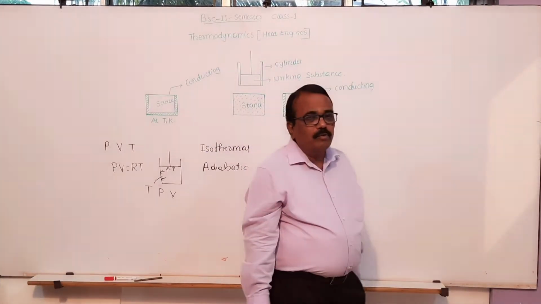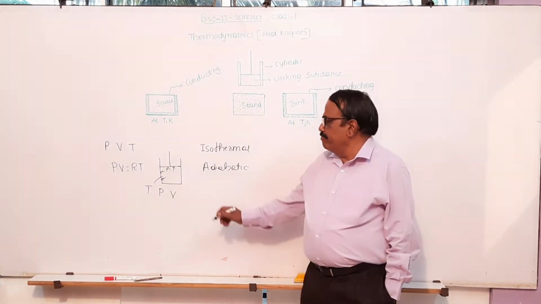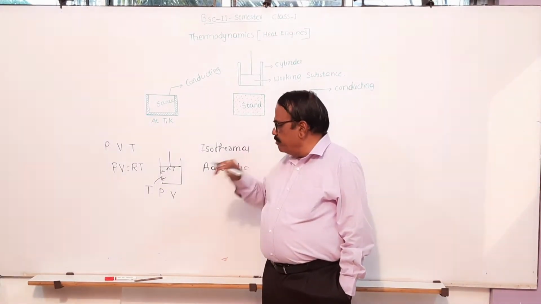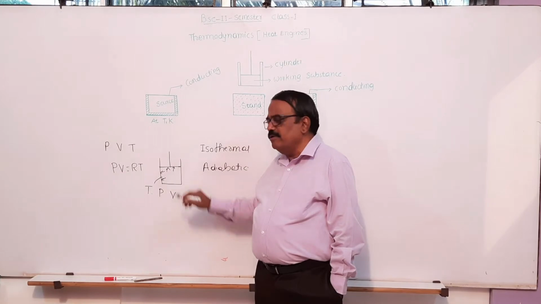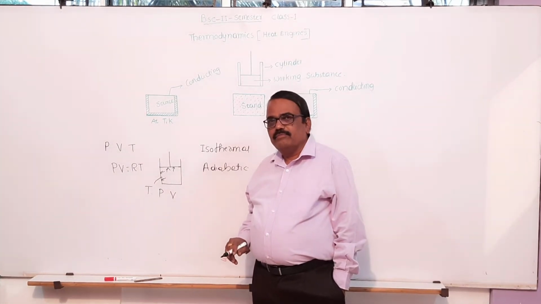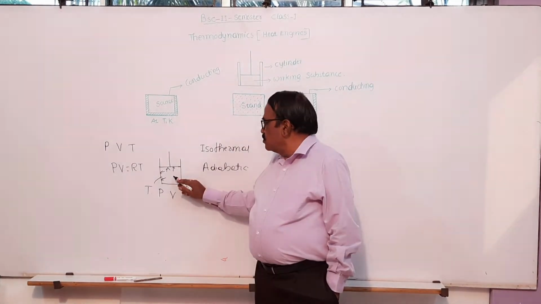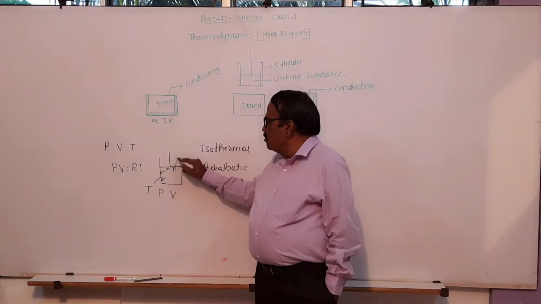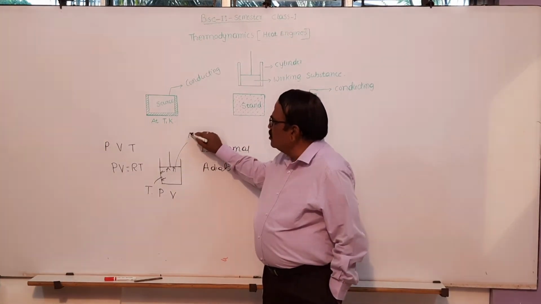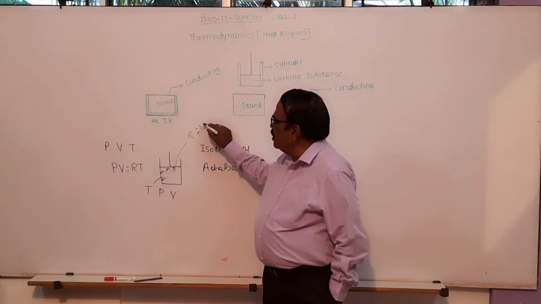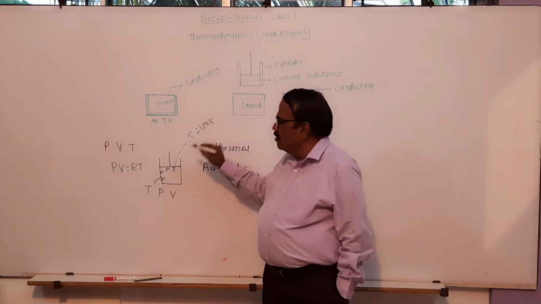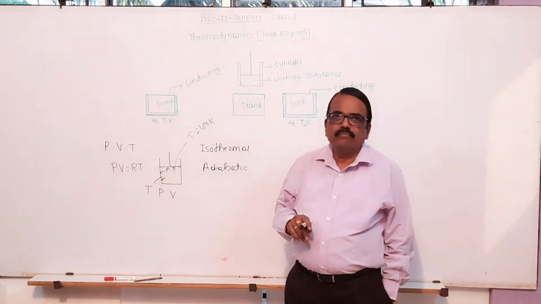What is isothermal process? Consider the gas is present here. The temperature of the gas is about 100 Kelvin.